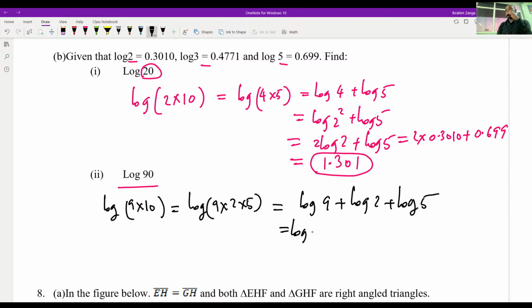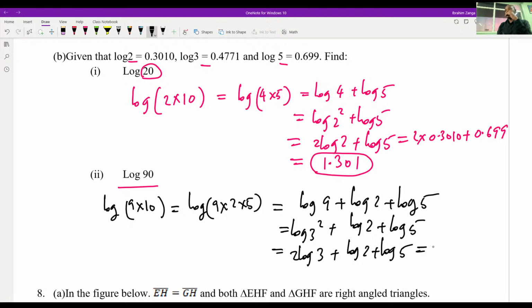And this is going to be log 3 squared plus log 2 plus log 5. You use a power rule so that you have 2 log 3 plus log 2 plus log 5.